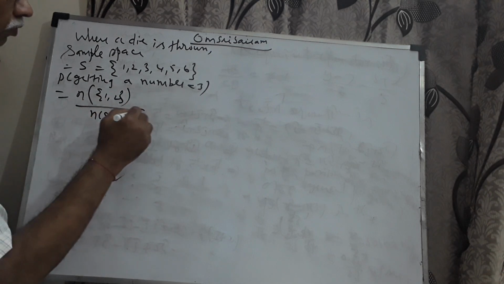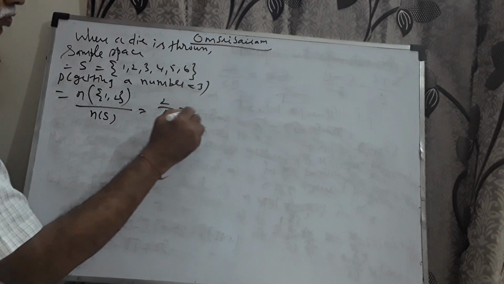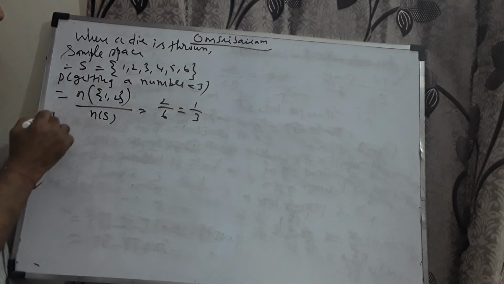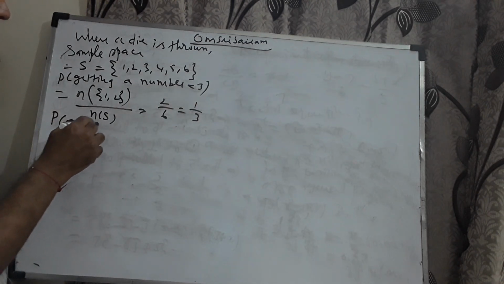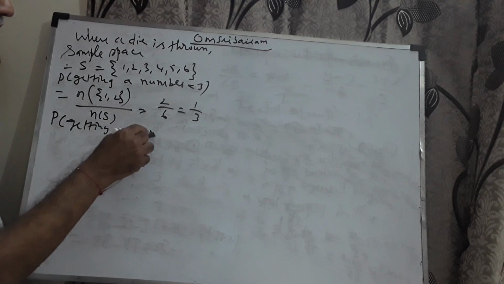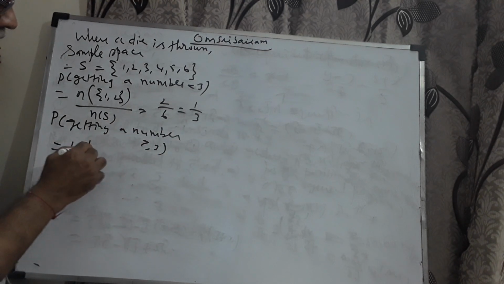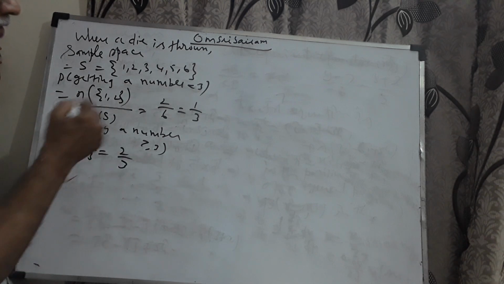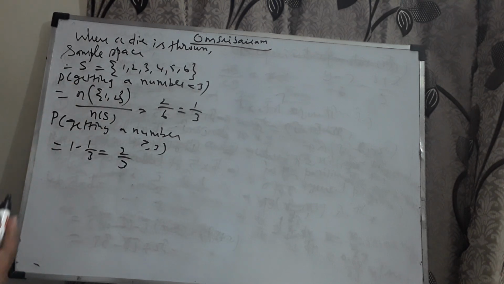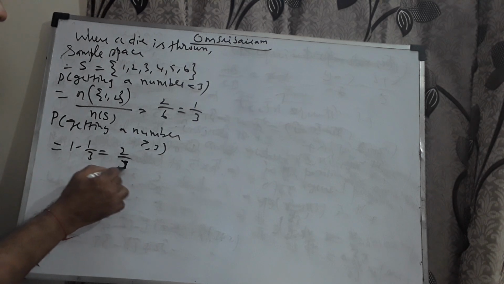This is n(E) by n(S), which is 2 by 6, equal to 1 by 3. P of getting a number greater than or equal to 3 will be 1 minus 1 by 3. Or you can write n of {3, 4, 5, 6}, 4 by 6, which is also 2 by 3. Either way you can write.